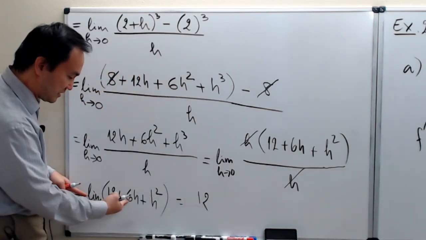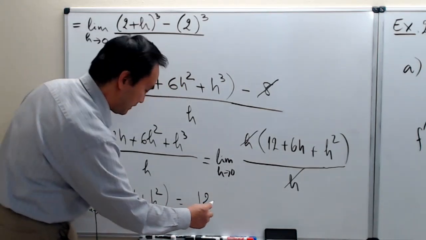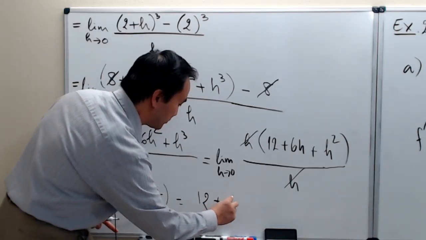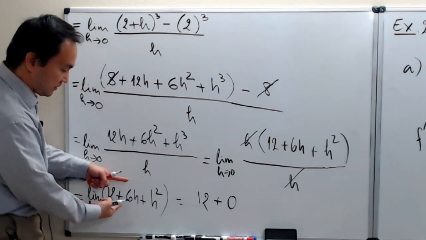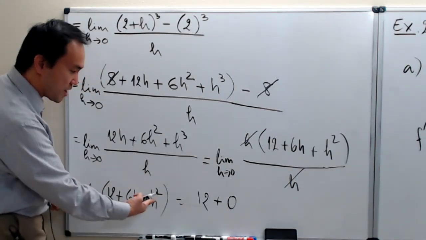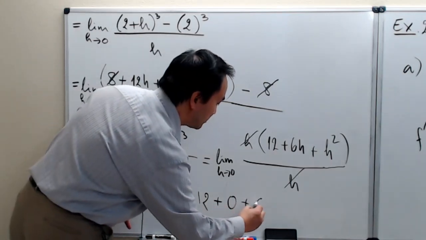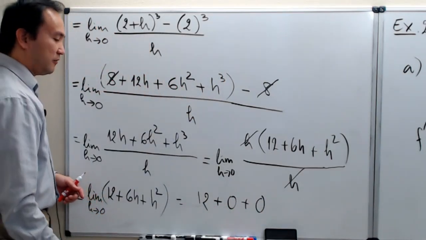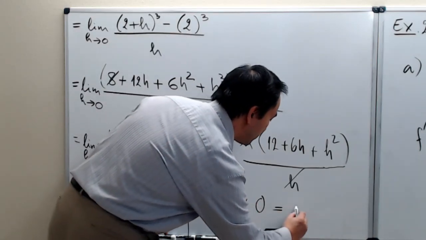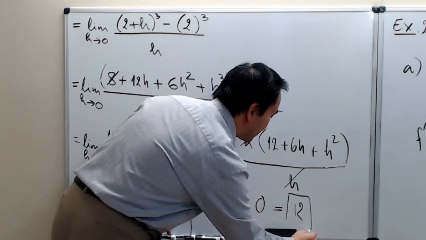The limit of 6 times h as h goes to 0 means that middle term becomes just 0. And for the third term, as h goes to 0, h squared approaches 0 as well. So summing up all three values, our final answer is 12.